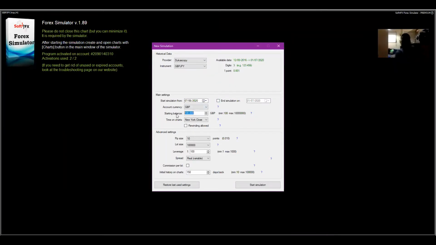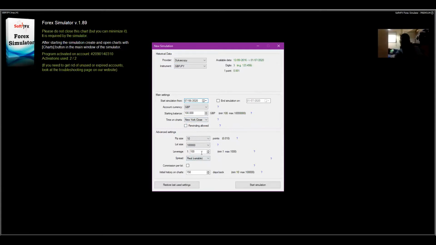What do you want our starting balance to be? We're gonna trade like an account. We're gonna be trading the month of June, which is last month, around the same time. So like the second weekend, we're gonna be trading just 1 week, and I'll show you kind of how I execute in the markets. This is GBP JPY. I'll explain how the chart time works later on in the simulator.